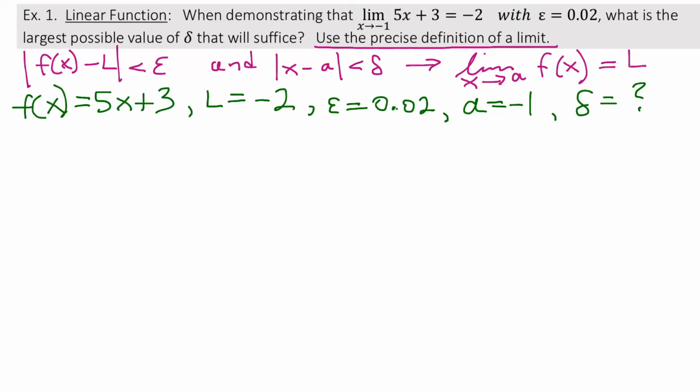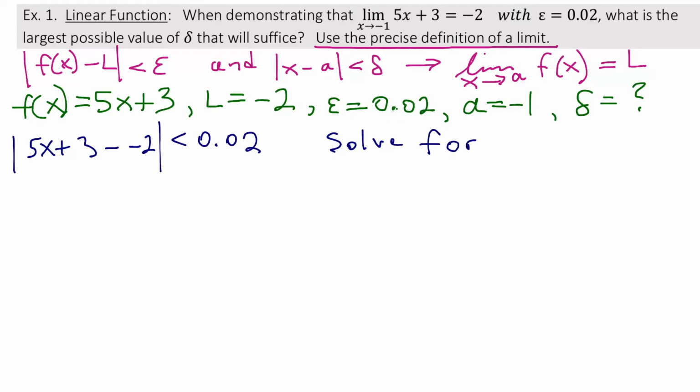So I'm going to start with my leftmost part of the definition. So I'm going to substitute in for these values here. So I've got 5x plus 3 minus L, and then that's less than epsilon. All right, and what I'm going to do is I'm going to solve this for an inequality statement involving x.